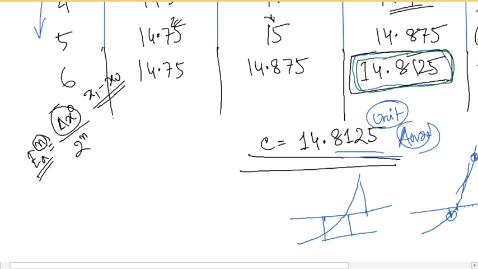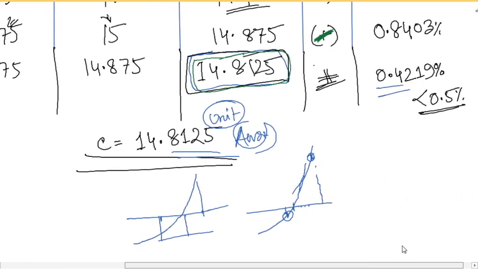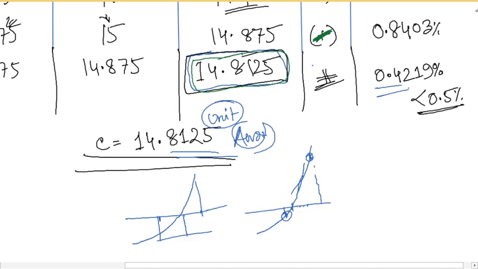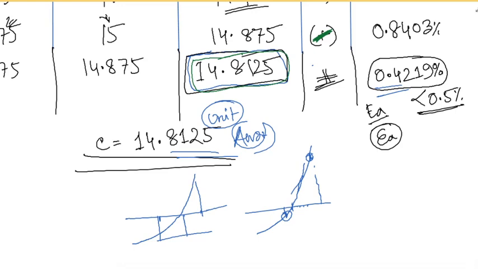So let's calculate for the 6th step. In the 6th iteration, although we haven't calculated absolute error EA, we have calculated epsilon A, that is the percent relative absolute error. So let's calculate the absolute error in this case, not the percent relative absolute error, that is this one minus this one.